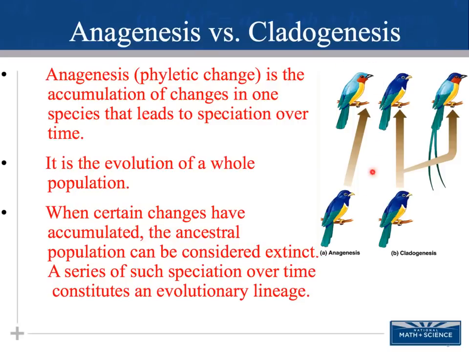Note, based on the picture, that the 2 don't exist at the same time. And by the way, this brown arrow just represents time. Okay, so that would be anagenesis. Over time, we have enough changes in our original species so that we have a completely different species, and the 2 don't exist at the same time.